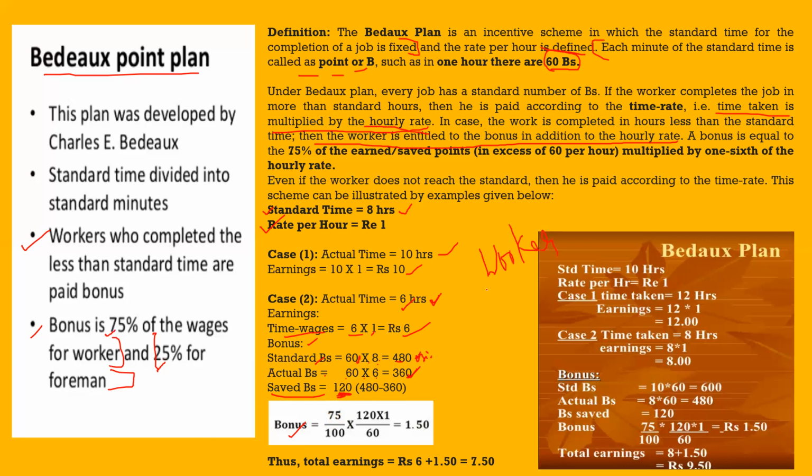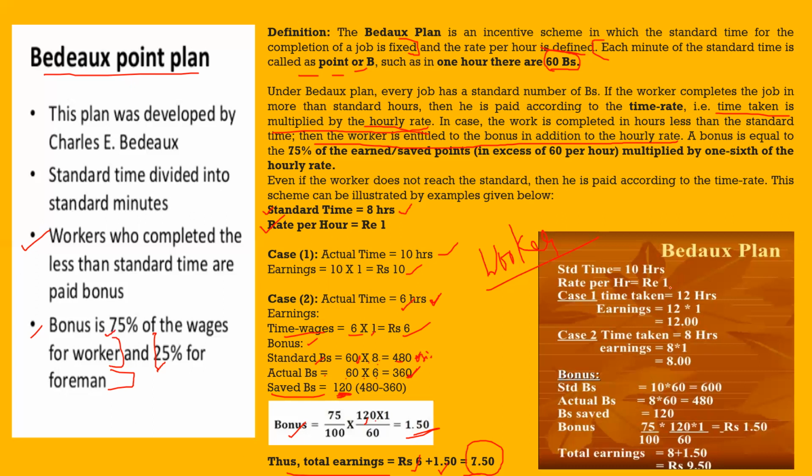We are calculating for a worker and we are paying 75% of the bonus of 120 saved BS into 1 rupee divided by 60 minutes or 60 BS in an hour, is equal to 1.5, which is the amount he is receiving as bonus. So here the total earning is rupees 6, that is time wages, plus 1.50 is his bonus. The total is 7.50.